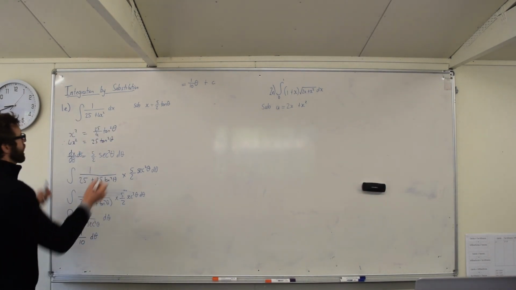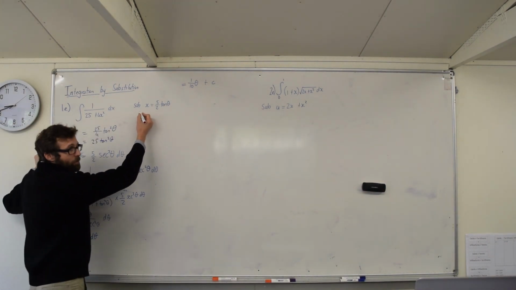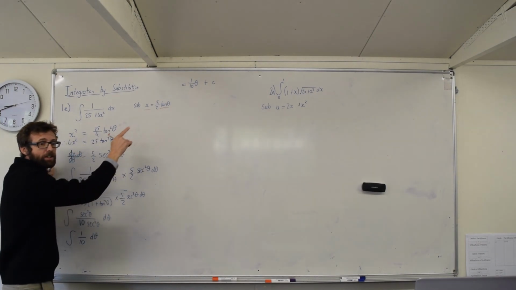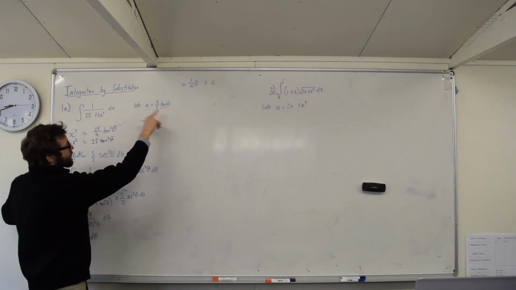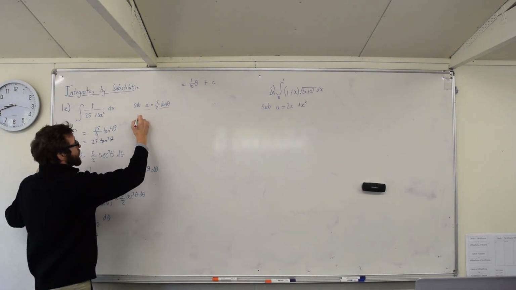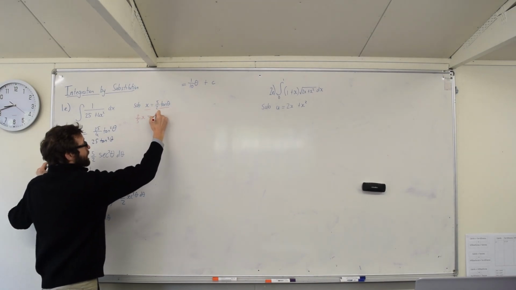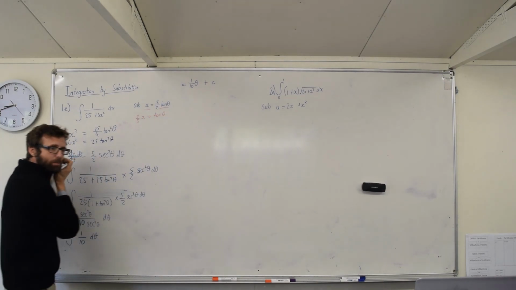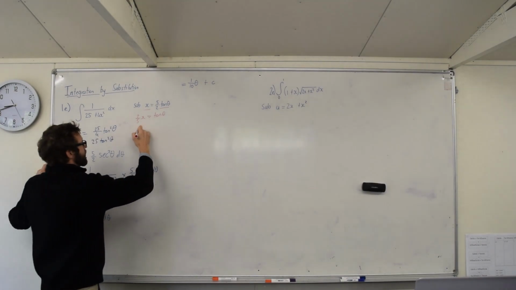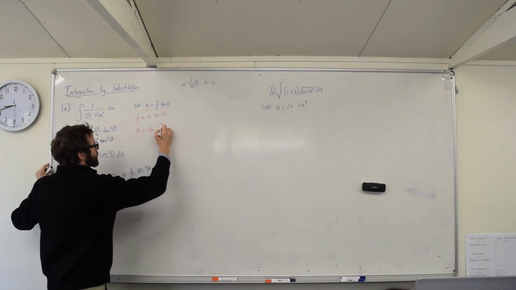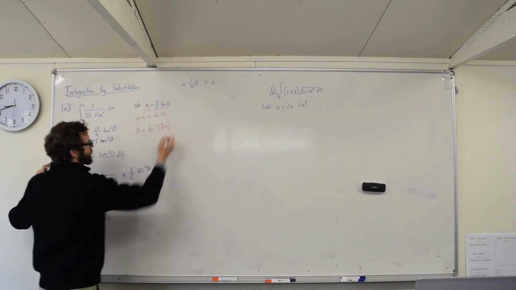So we might go back to this equation here and rearrange it so that theta is the subject. My first move would be to multiply both sides by 2/5. That will cancel out that and give me tan theta. To get theta by itself, I will say theta is the inverse tan of 2/5 x.